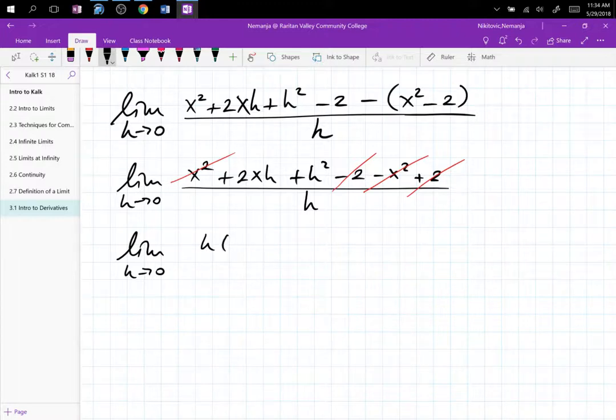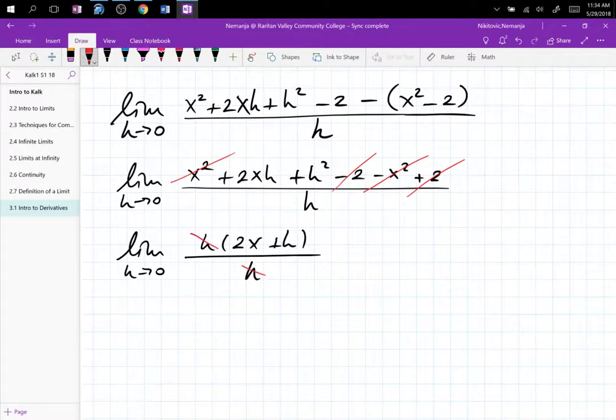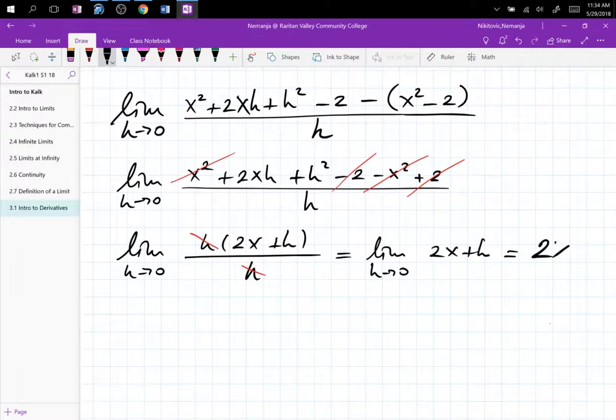Factor out h, you are left with 2x plus h over h. Now h cancels. And we have the limit, h goes to 0 of 2x plus h, which is 2x.